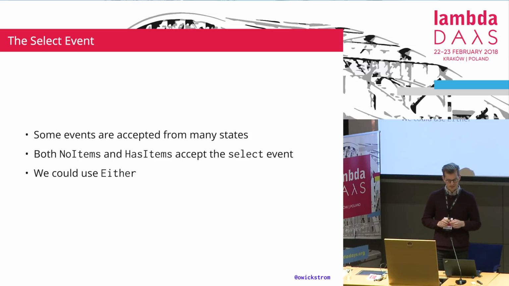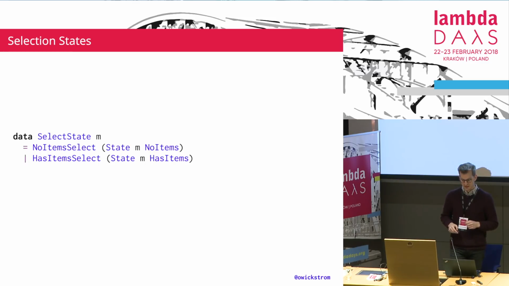Some are more complicated. If you remember from the diagram, we had both the no items and has item states accepting the select event. You could select one more item at the start or when you already had some items. So it's the same event being overloaded. So we have to be able to pass one of those states, either the has items or no items state, into the select event. We could use an Either for this, but I think it's a bit more clear what's going on if we have a specialized data type for it.